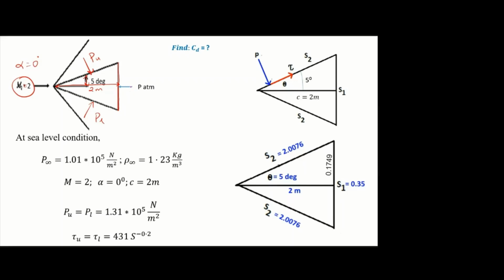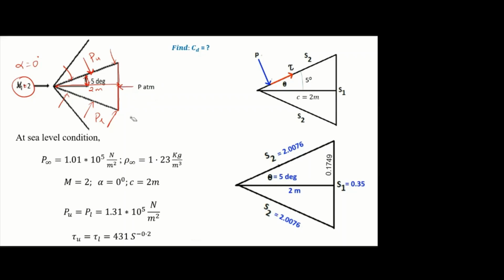Additionally they mention there is a free stream atmospheric pressure acting on this rear face. So Mach number is 2, angle of attack is 0. Because of supersonic flow, there is a shock wave pattern. Half wedge angle is 5 degree, chord is 2 meter, the distribution on the upper and lower surface will be constant, and on the back side the atmospheric pressure is acting.